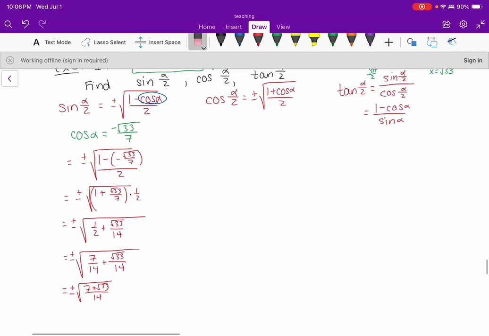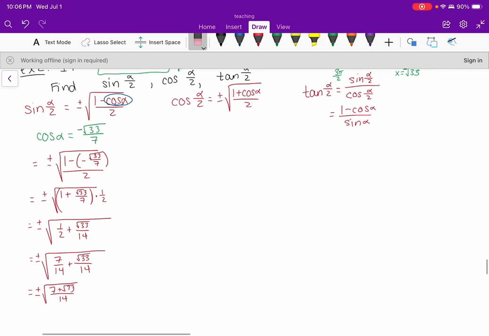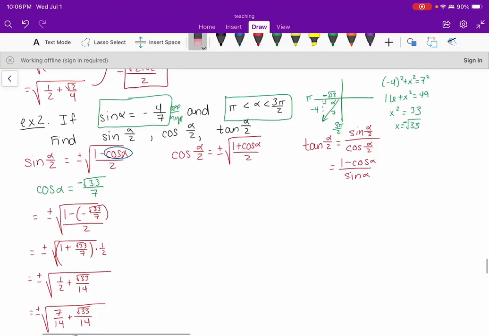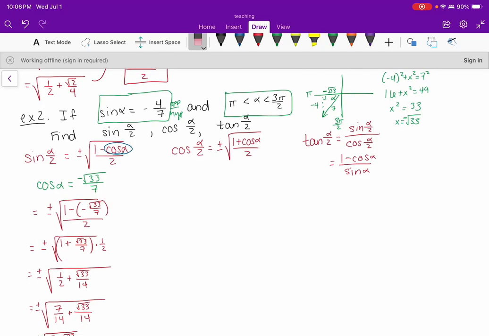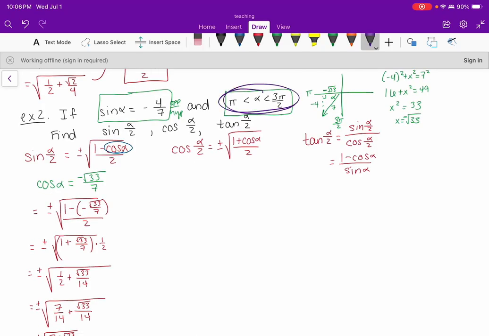But if I look up here, I do need to figure out whether it should be plus or minus at the end. To do that, I'm going to look at this right here. If alpha is between pi and 3 pi over 2, and I divide everything by 2, I get pi over 2 less than alpha over 2 less than 3 pi over 4.